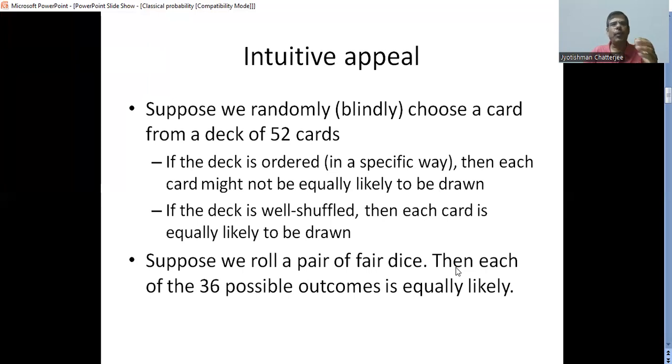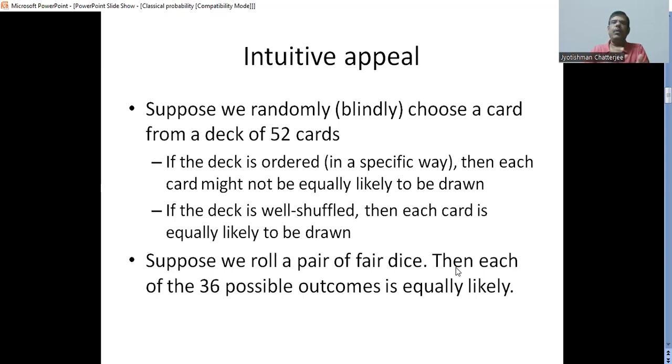They have denominations 2 to 10, so 9 cards, 1 ace, 1 jack, 1 queen, and 1 king. So each suit looks similar to any other suit, with 13 cards like that. Altogether there are 13 times 4 equal to 52 cards in a deck.